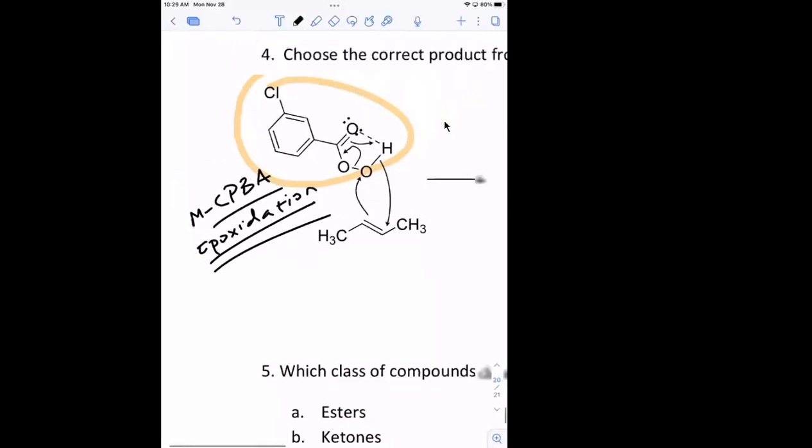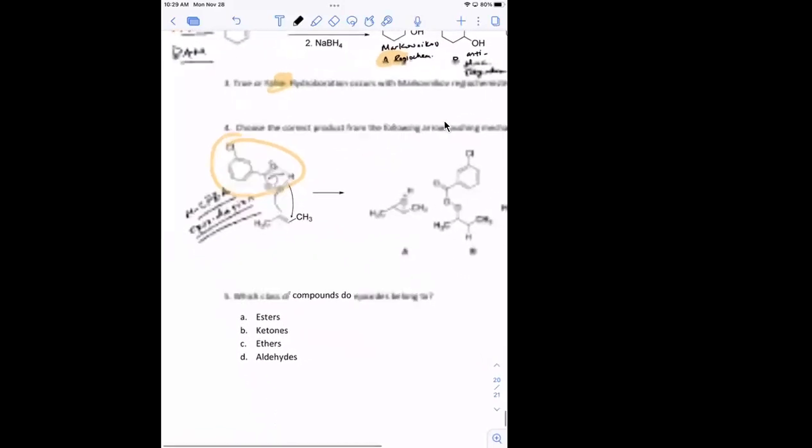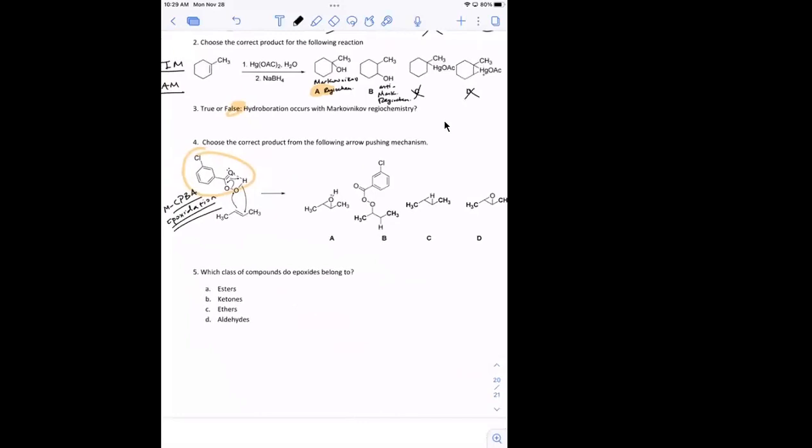It does epoxidation, which is, an epoxide is what? It's a cyclic ether. Is that right? A cyclic ether that you can take an alkene and generate an epoxide, which is that cyclic ether, using either MCPBA or hydrogen peroxide. So when it asks to choose the correct product from the arrows, that's just a mechanism.